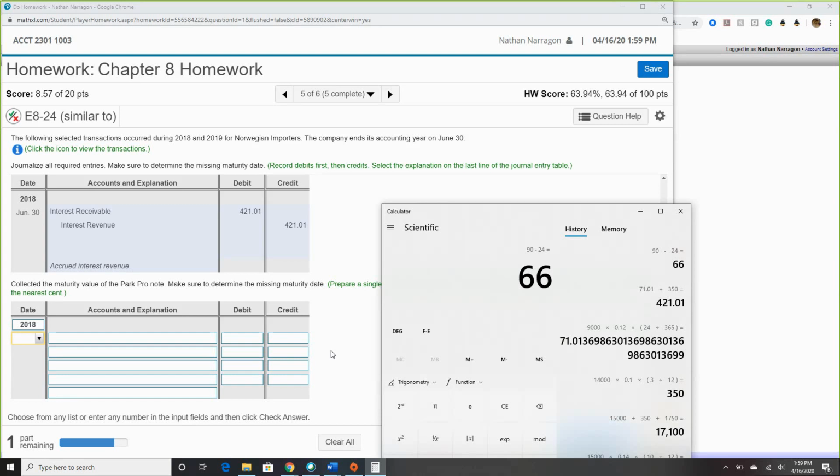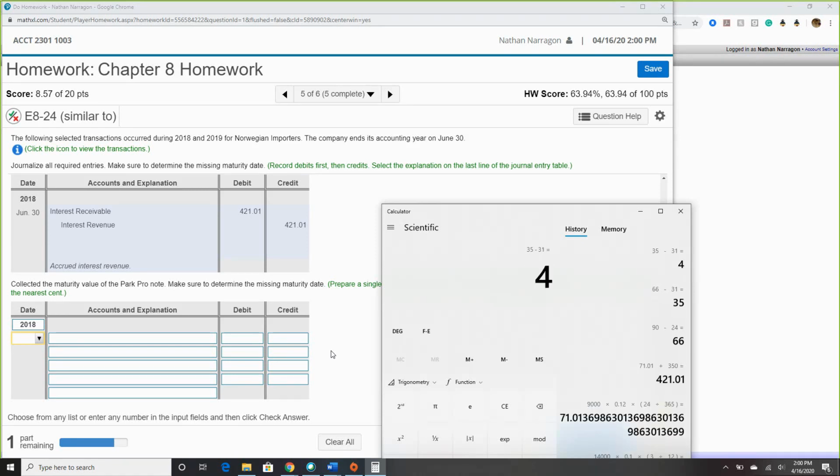Well, we have July. How many days are in July? 31. Got caught there. So, 31 days. Then we look at August. August also has 31 days.